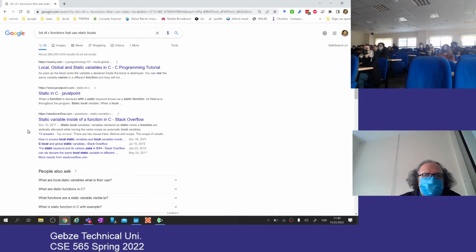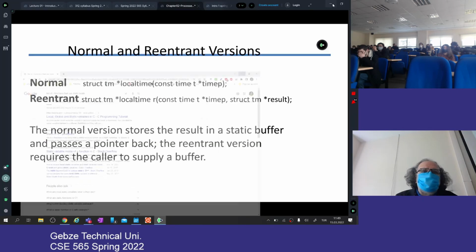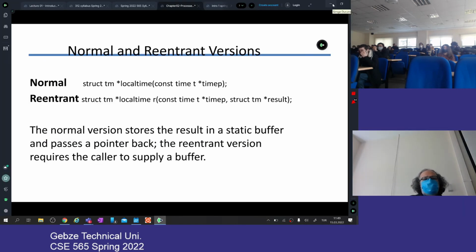The other one is maybe localtime. Anyway, maybe if you make a more detailed search, you are going to find them.